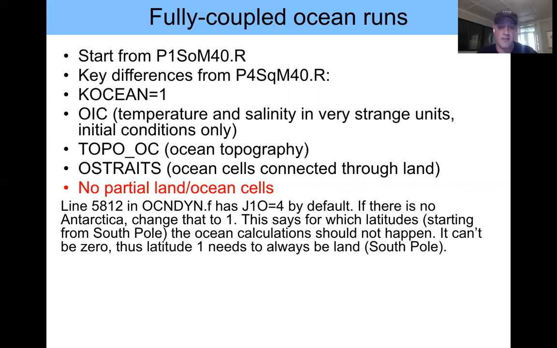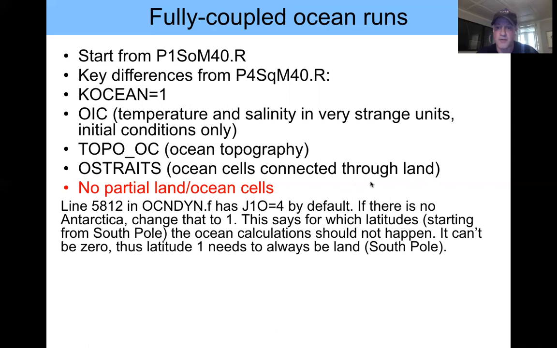What we call the native format for ROCKE-3D uses enthalpy instead of the temperature, and the salinity is expressed in units of PSU over 1000. You have to be careful if you're using the native format. In version Planet 2 of ROCKE-3D, you will have the option of creating a simpler OIC file where you can use just the temperature in degrees Celsius and the salinity in PSU, and there will be a dedicated subroutine that converts your OIC file into the native format.